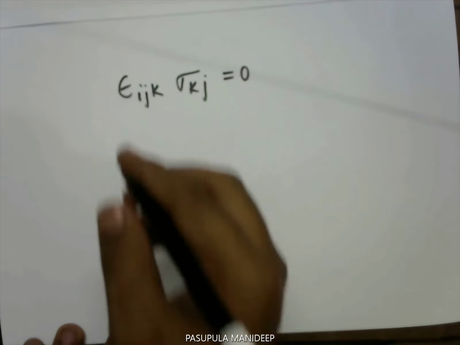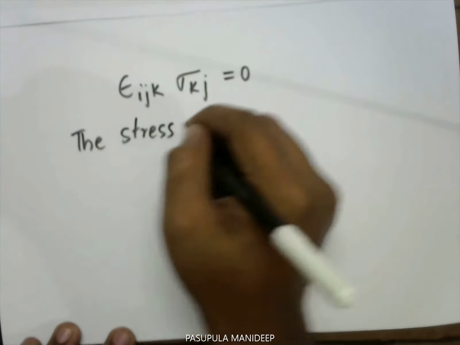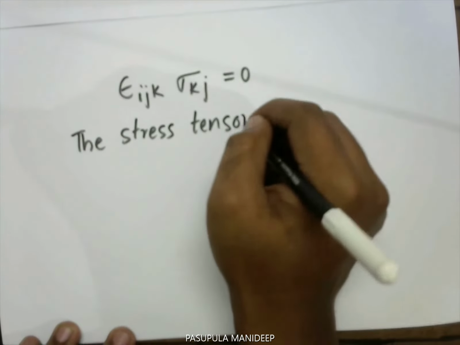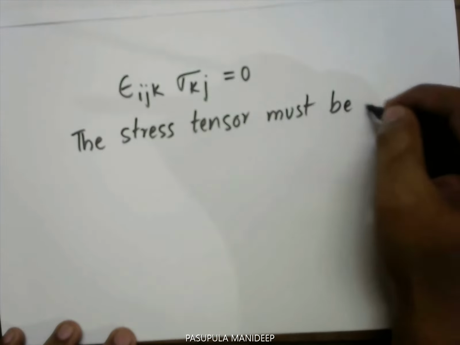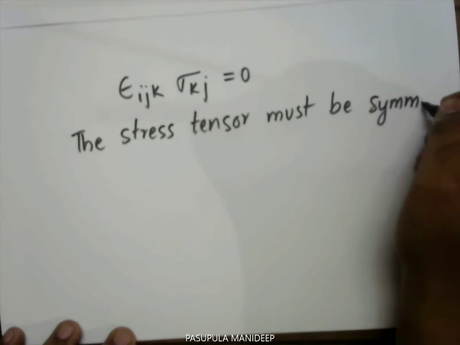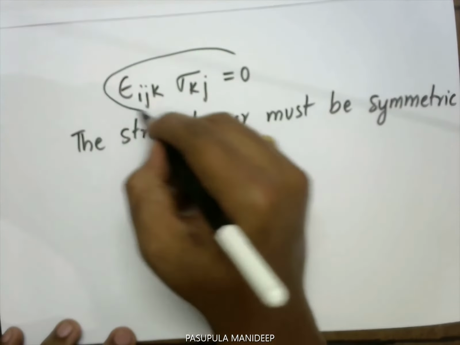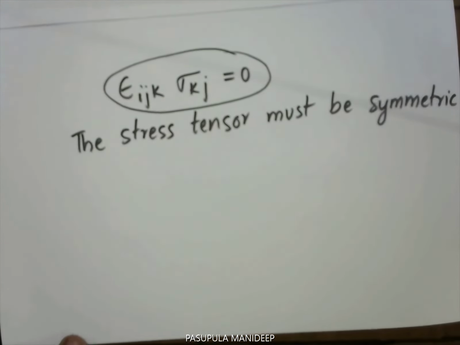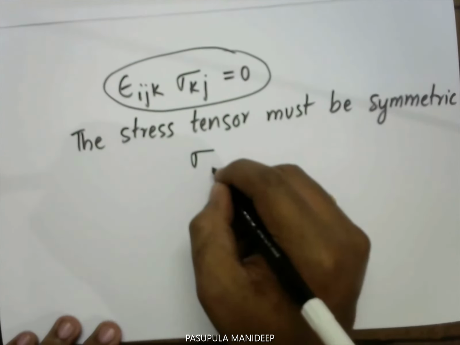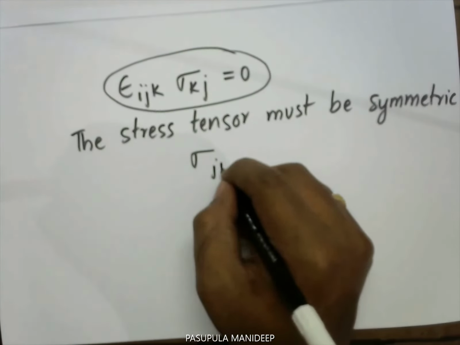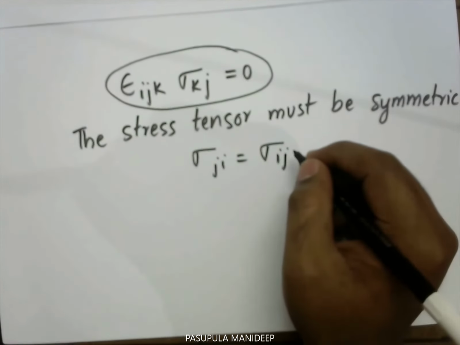Which is nothing but the stress tensor must be symmetric. Because of this equation, the stress tensor must be symmetric, right? Sigma ji equal to sigma ij, sorry.